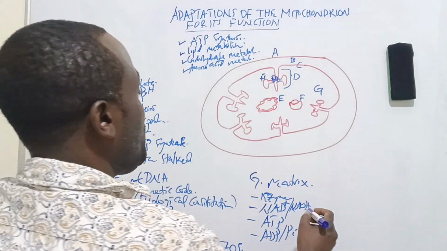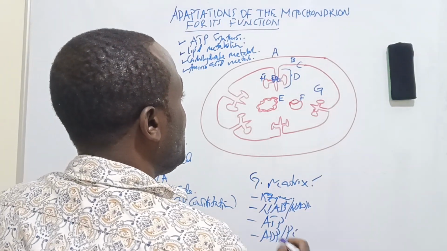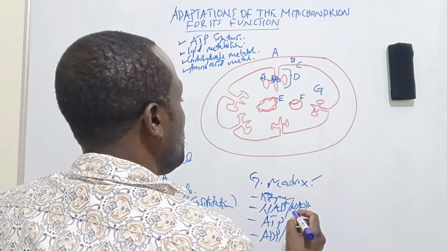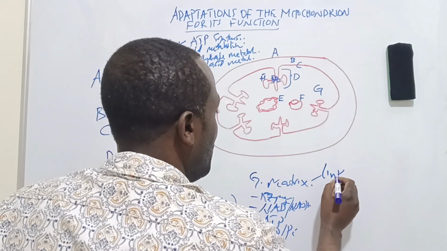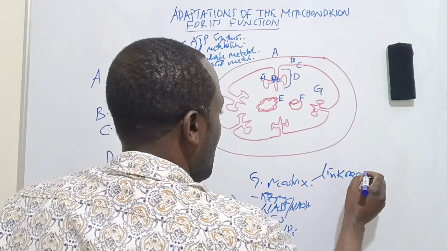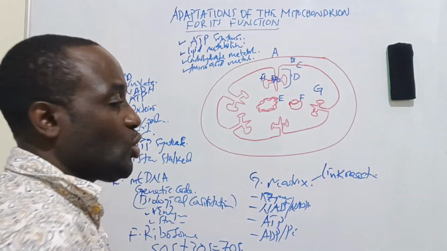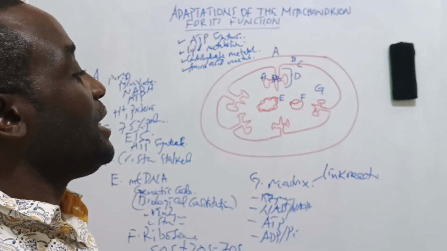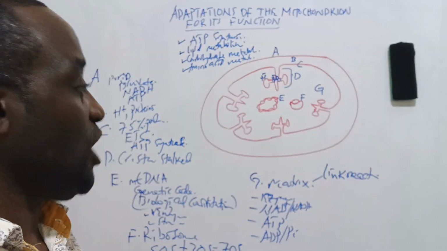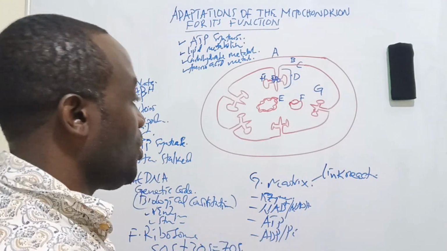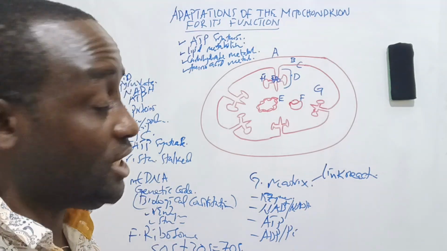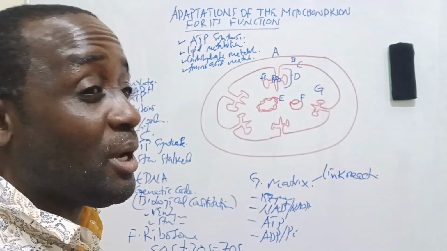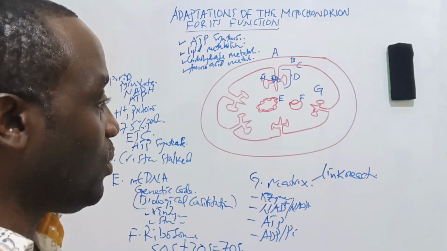Now, this matrix is the site for the link reaction. It links glycolysis to the Krebs cycle, because from glycolysis we get pyruvate, but the Krebs cycle does not allow pyruvate to enter.